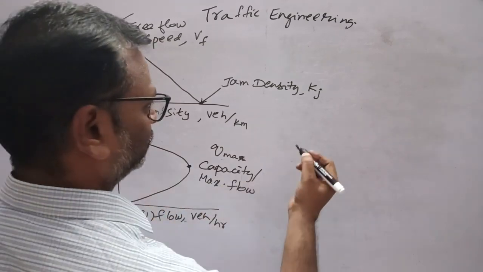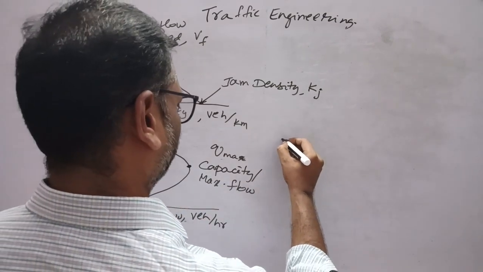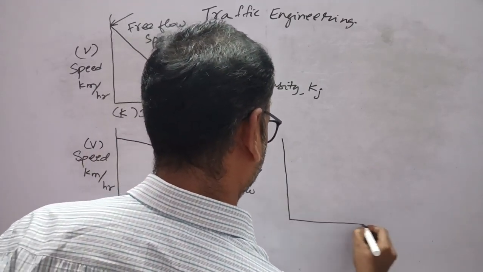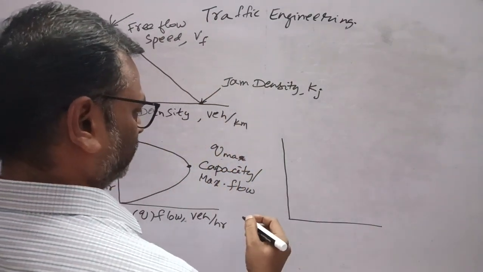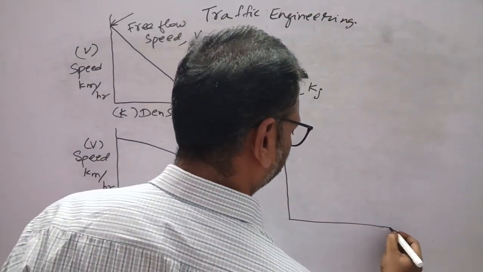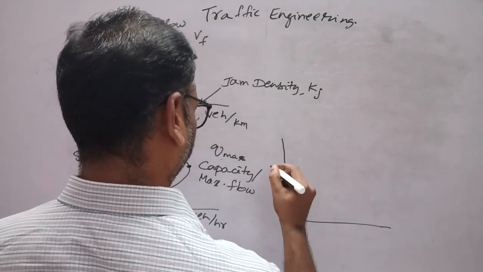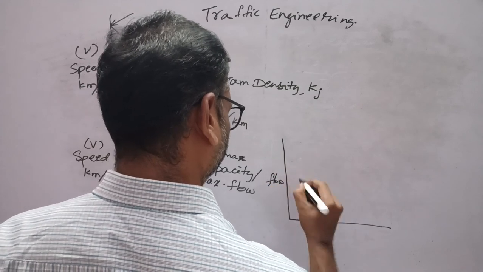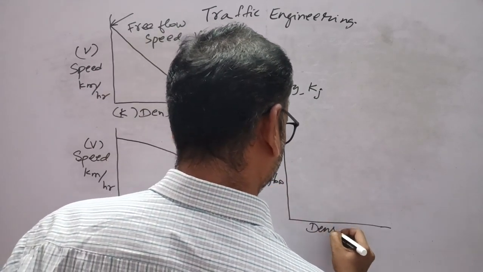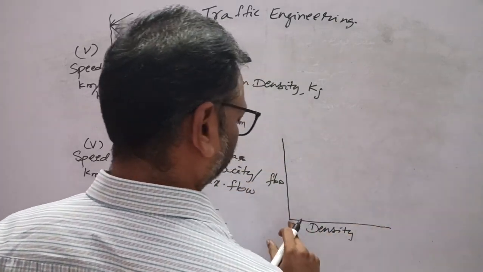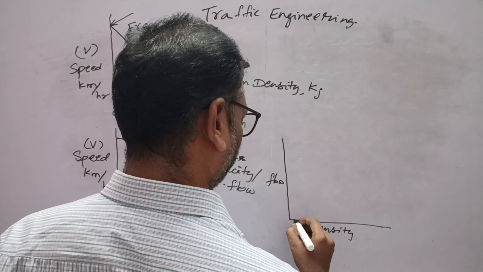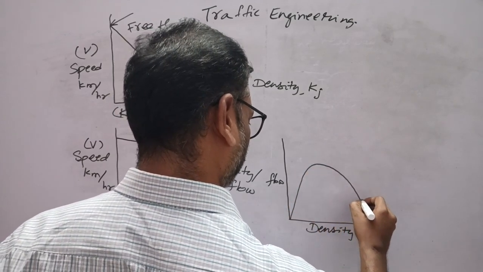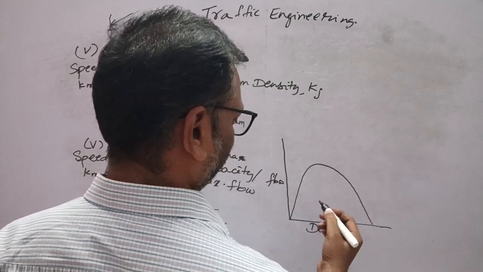Similarly, we will see the relation between density and flow. As the density increases, flow also will increase up to one point, and again this happens.